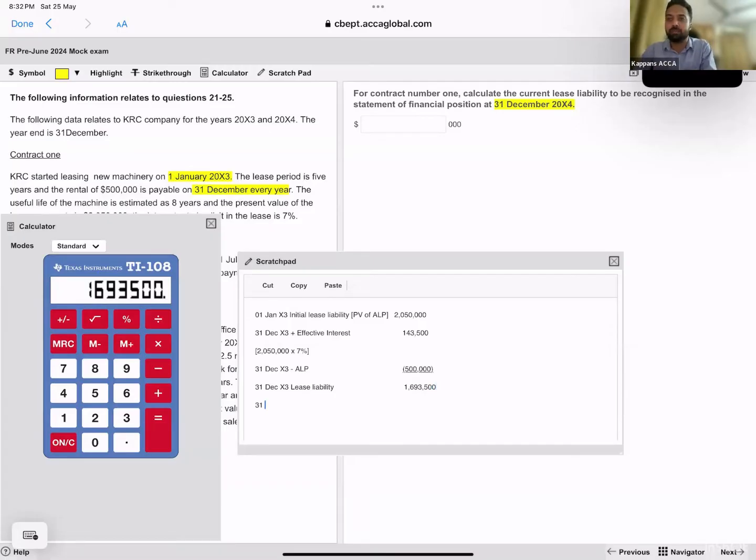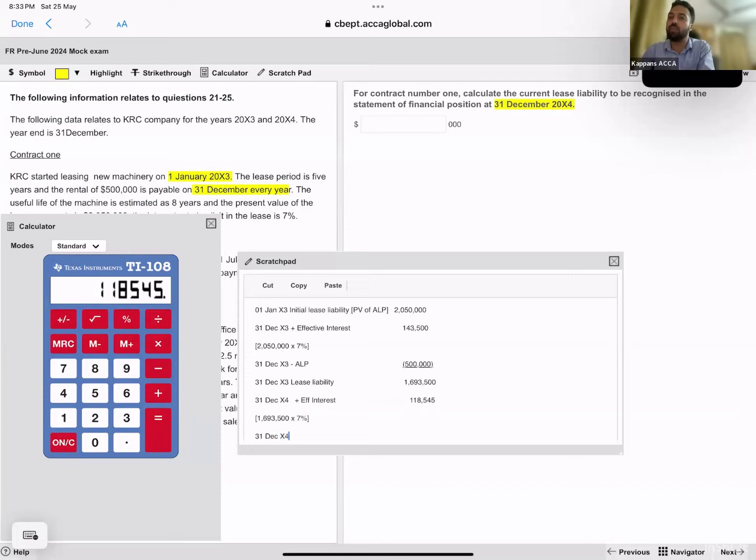Then the next year, 31st December X4, again plus effective interest. Effective interest will be calculated on the above amount, 1,693,500 multiplied by 7%. Multiplied by 7%, the effective interest is 118,545. Then on 31st December X4, at the end of the year, minus the annual lease payment, that is again 500,000.